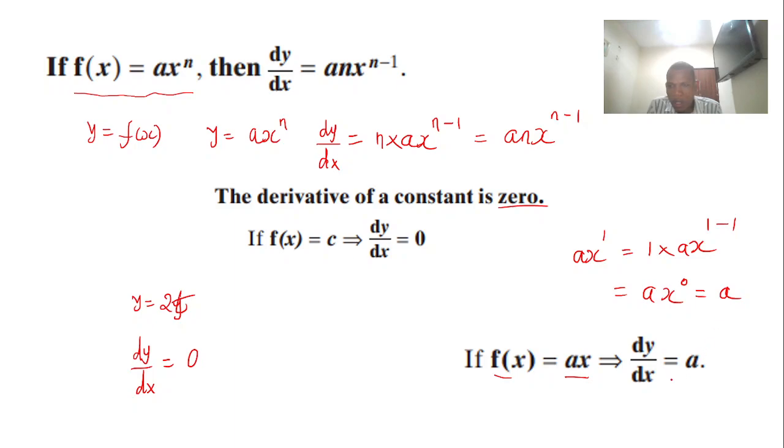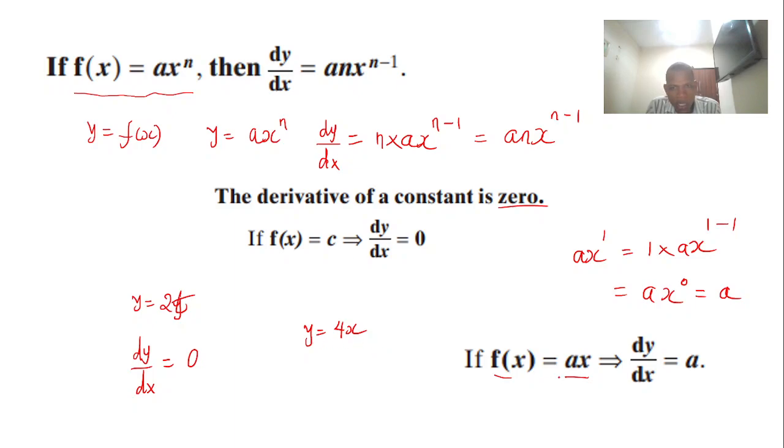Okay, so basically how do we use this law? In fact, this third law is still the same thing as this first law, but my n here is just 1. Okay, so if for example now you have, let's say, y equal to 4x. Okay, so this is when to use this law here.